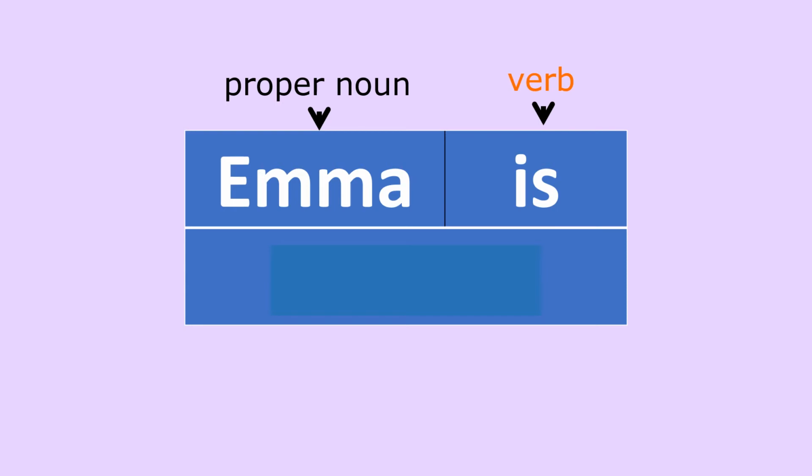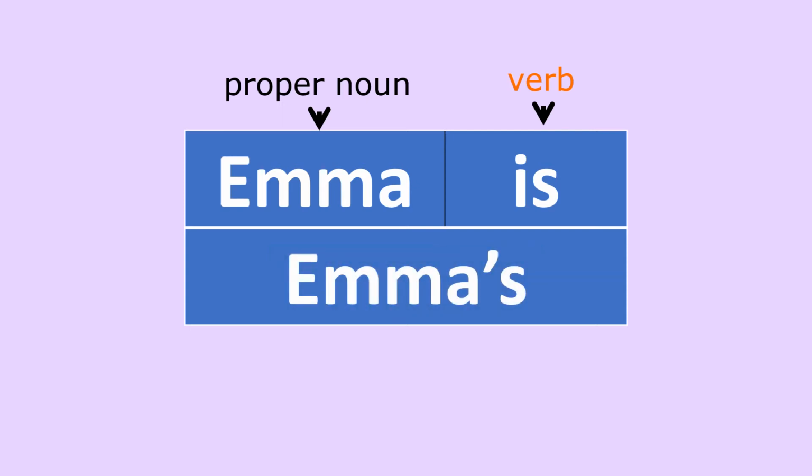We've got two words. What we can do is squash them together. So instead of saying Emma is, it becomes Emma's. In this example, we've taken out the i and put an apostrophe in its place.